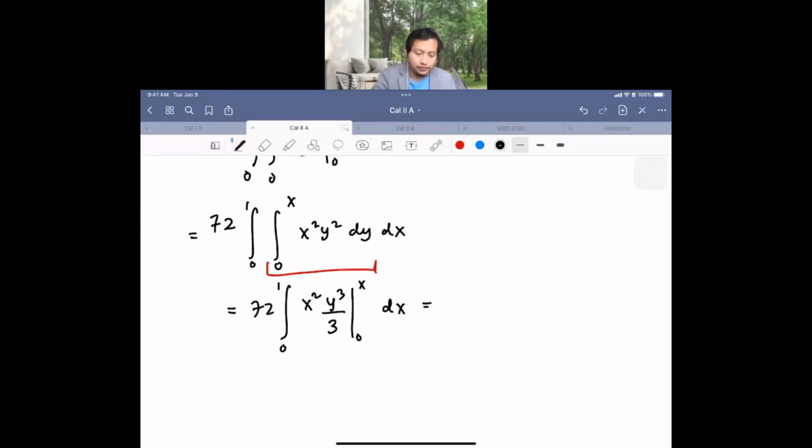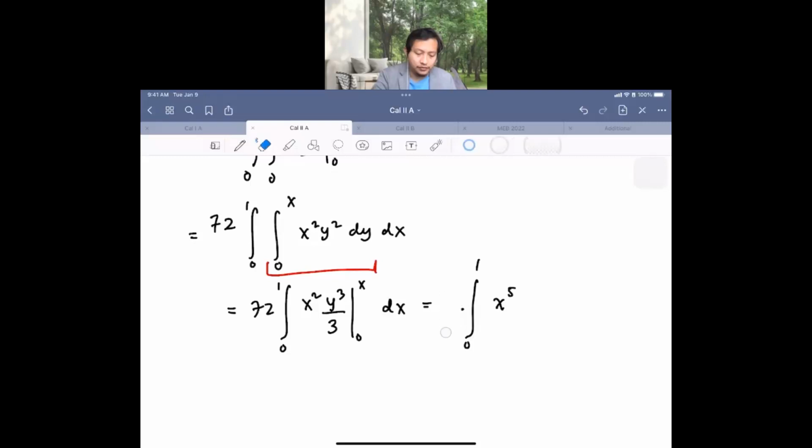Now we could write down x to the 5, right? x to the 5 divided by 3, probably going outside here, 72 divided by 3 is 24, right?